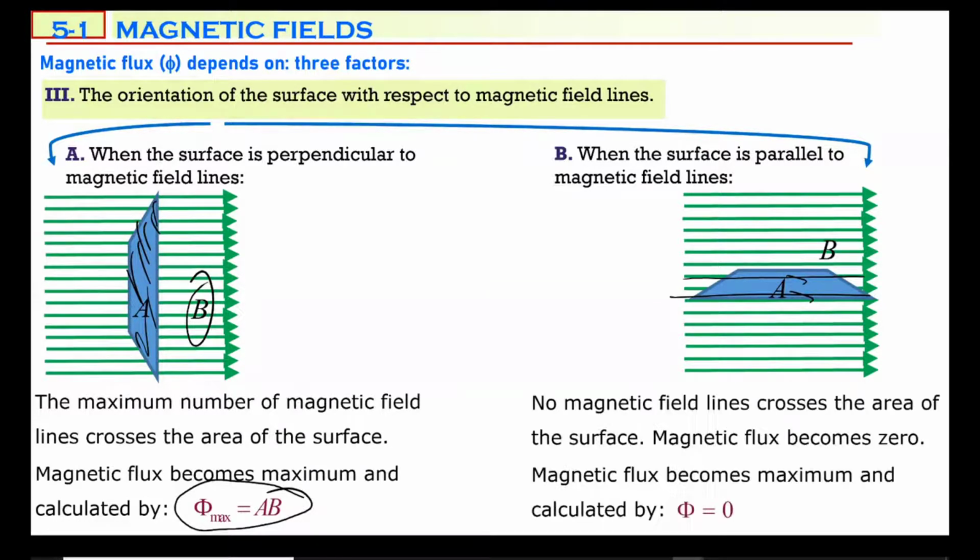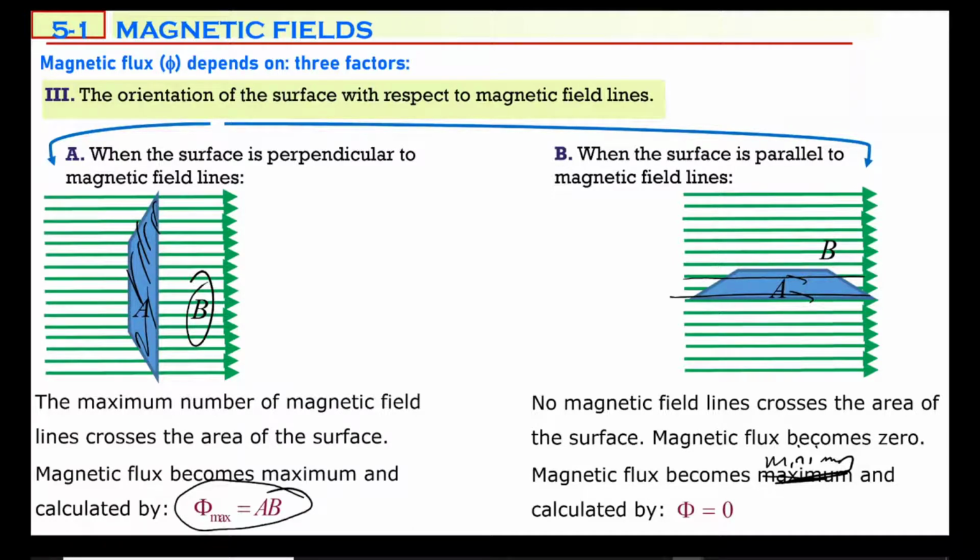In this case, no magnetic field line crosses the area of the surface. That's why the magnetic flux becomes zero. When the surface is parallel to the magnetic field lines, who said maximum? Minimum. And zero. Magnetic flux becomes zero when the surface is parallel to magnetic field lines.